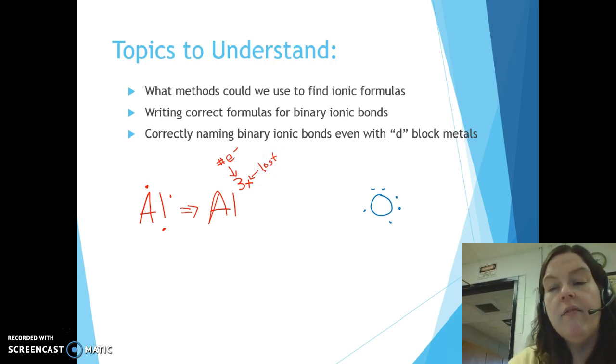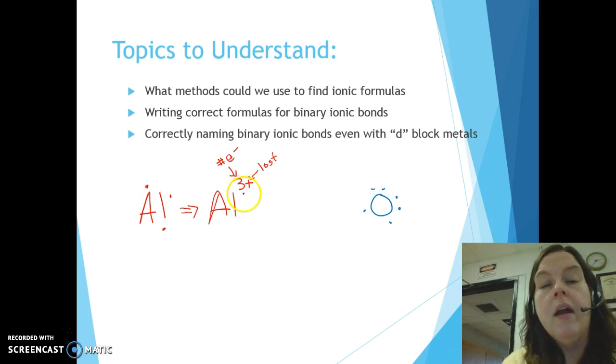So when we decode that information, we can see that that is actually giving us the exact same information as our dot structure. That we have 3 electrons in the dot structure, and we know because aluminum wants to be octeted, it will lose those 3 rather than gaining the other 5 that it would need. So it's going to form a 3+ charge, but the 3+ charge tells us that it's losing 3 electrons.